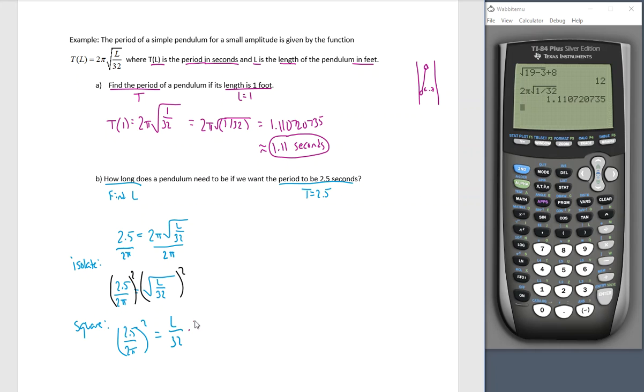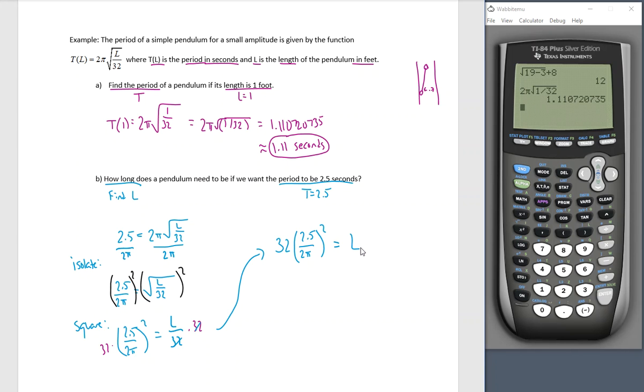To get the L by itself, we'll multiply both sides by 32. And we end up with 32 times 2.5 over 2 pi squared equals L.